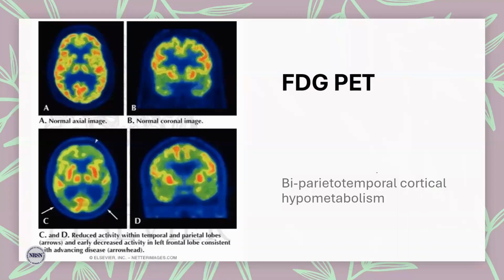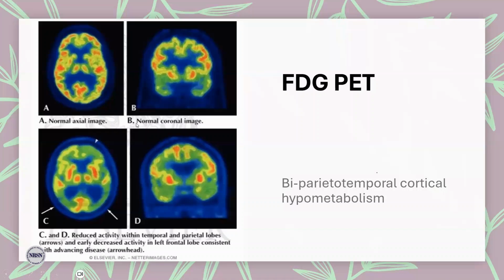PET imaging uses a glucose analog, since the brain usually uses glucose for metabolism. So what this imaging basically does is create a lookalike of glucose that will be injected into a patient. So 18-fluorodeoxyglucose is injected into a patient, and after a while there is metabolism going on in the brain.